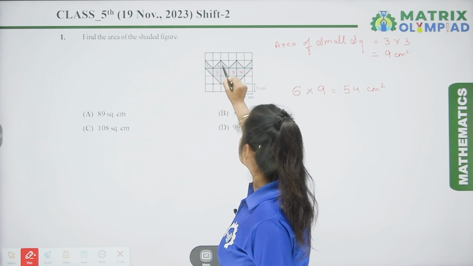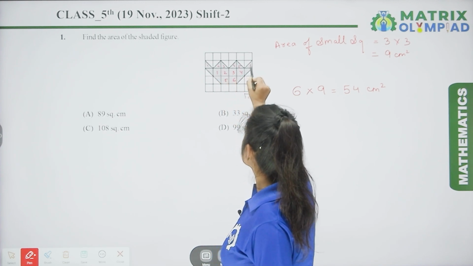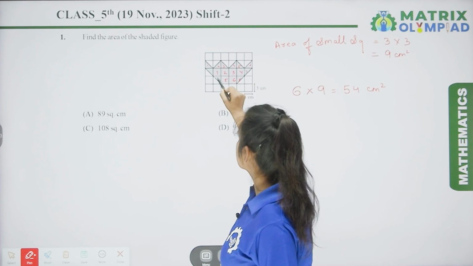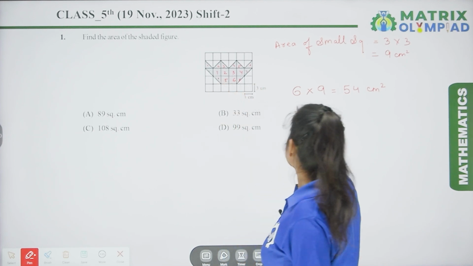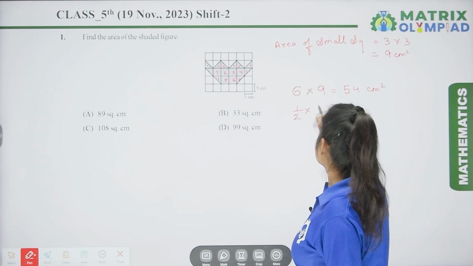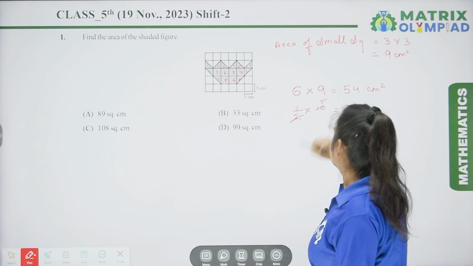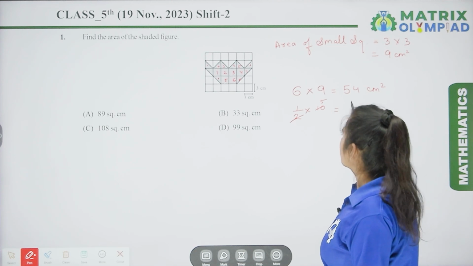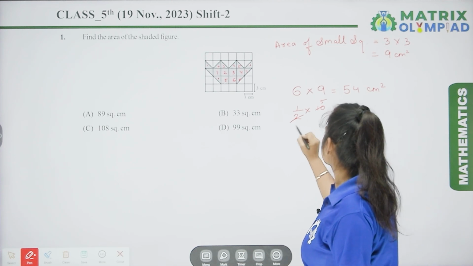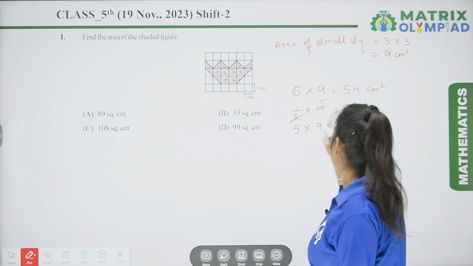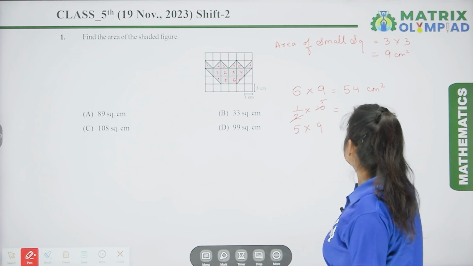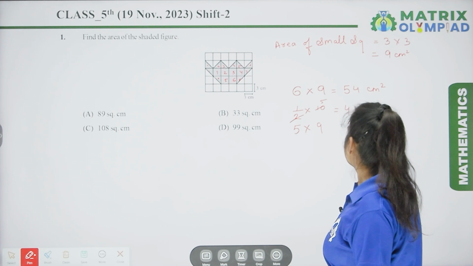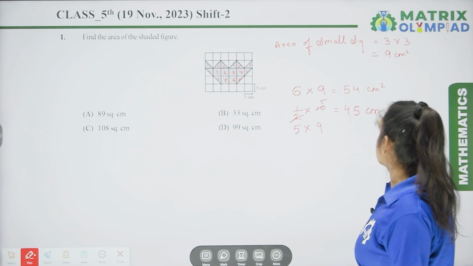1, 2, 3, 4, 5, 6, 7, 8, 9, 10. So 10 squares are half. So here we have total number is 5. 5 multiplied by 9 is equal to 45 centimeter square.